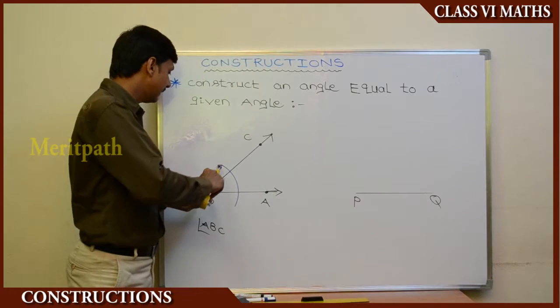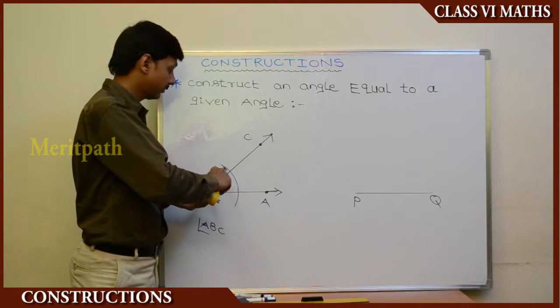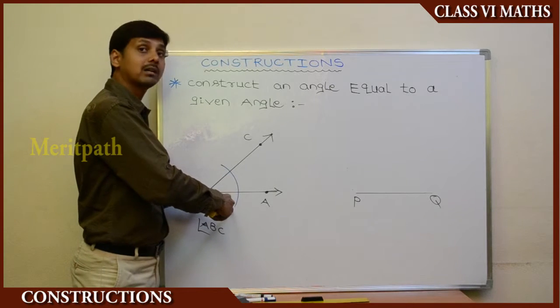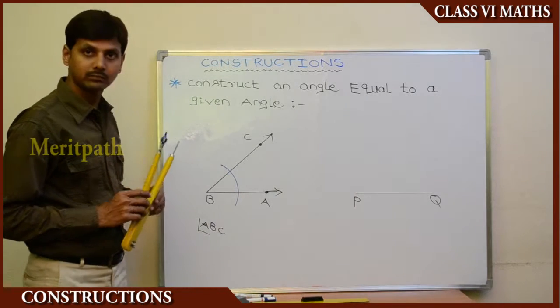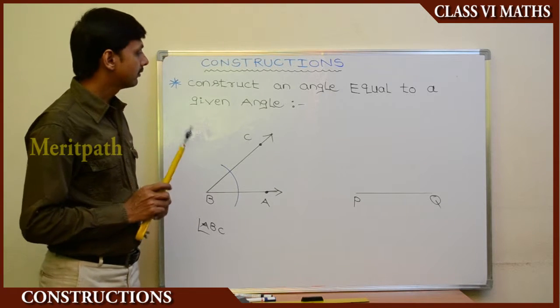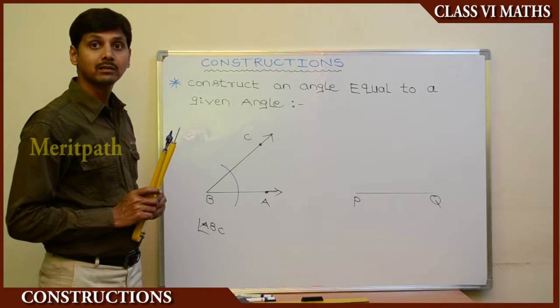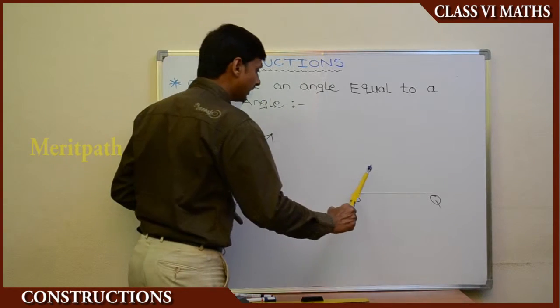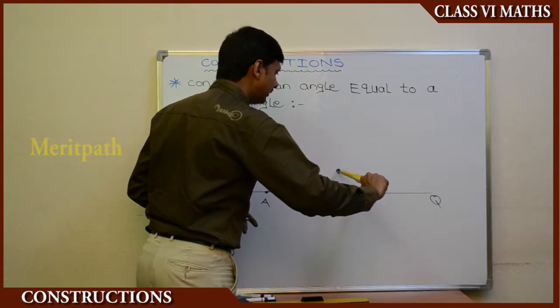Using the vertex B, we made an arc on this. So using the vertex B, make an arc here. Now, in a similar manner, let's take the same radius using the vertex B and make an arc again.